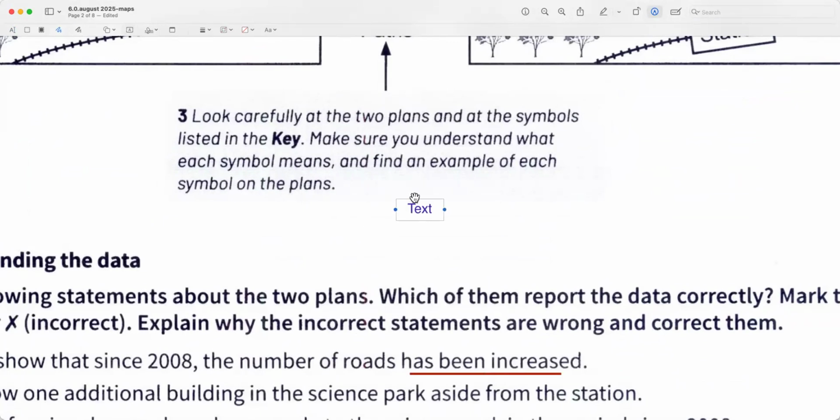Rows. Okay, has remained, because here they mention since, so you have to use present perfect. So again, the number of rows has remained unchanged.